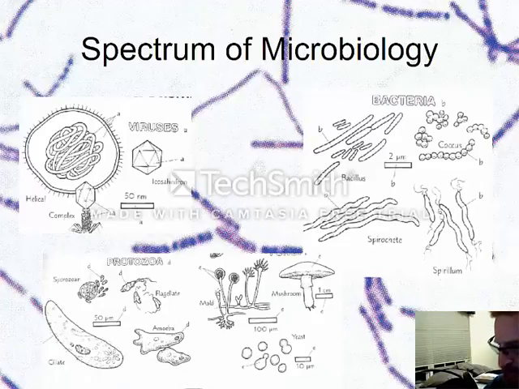So again, just in a very broad sense, to be a microbe, you can be a virus of some sort, a bacteria, a protozoan, or a fungi. And you might say, well, look, there's that capped mushroom. How is that a microbe?